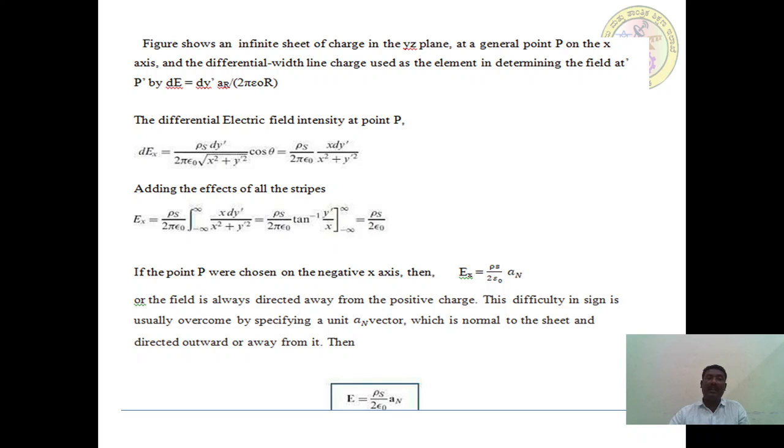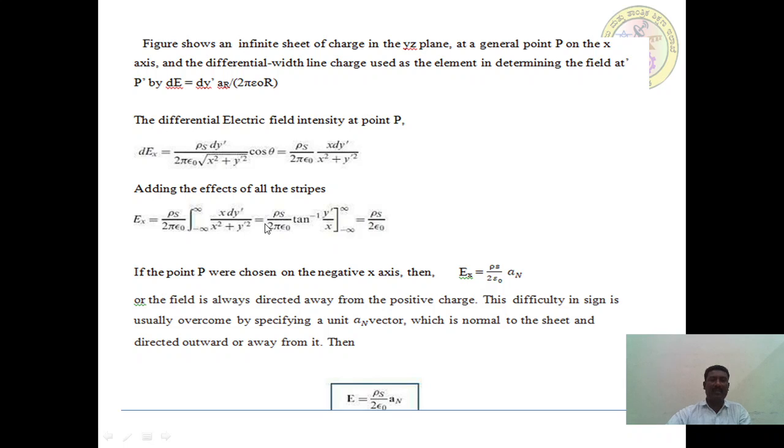Adding all the strip fields, you get the final value E, that is, Ex equal to rho s divided by 2 pi epsilon naught, which is a constant, times the integral over the strip length from minus infinity to plus infinity of x into dy dash divided by x square plus y dash square.